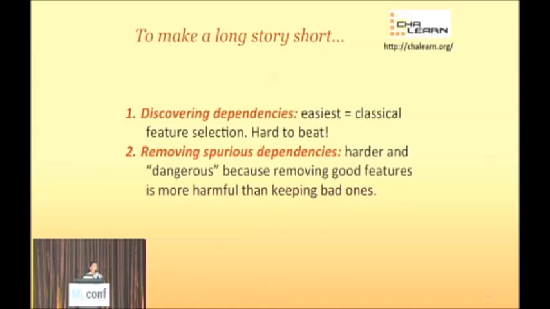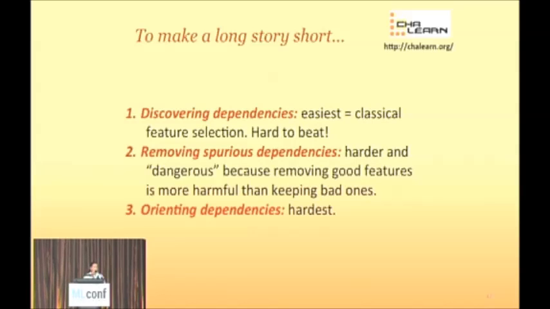So the second problem is removing spurious dependencies. So imagine that you just know that there are dependencies between two variables. Well, do you know whether this is a direct connection or an indirect connection? So finding out about that is harder. And it's dangerous because eventually you're going to be removing too many connections. And so it's going to be more harmful than useful if you try to make predictions.